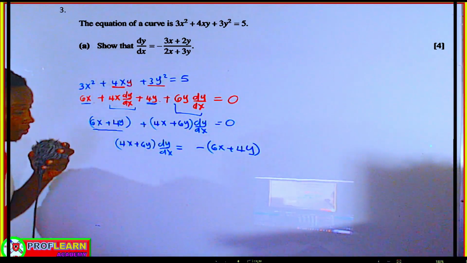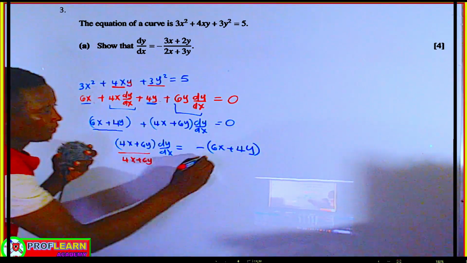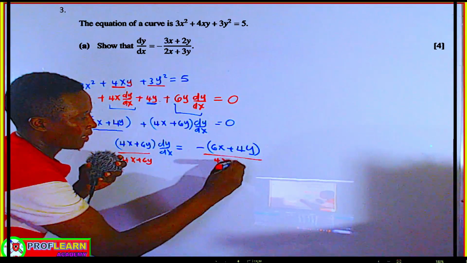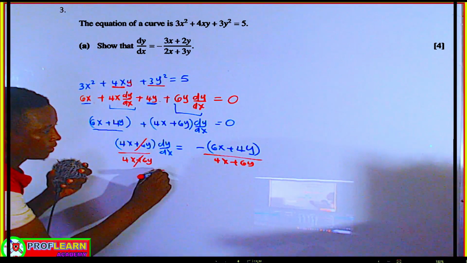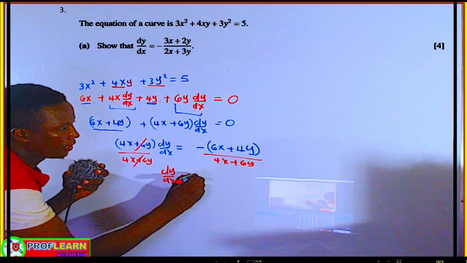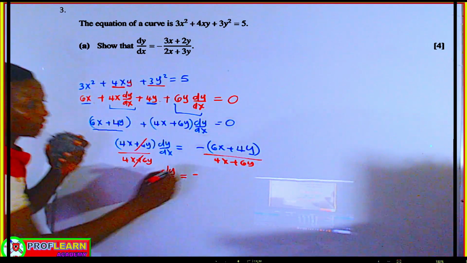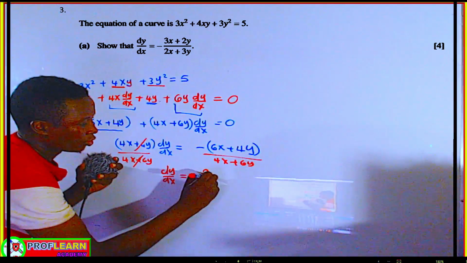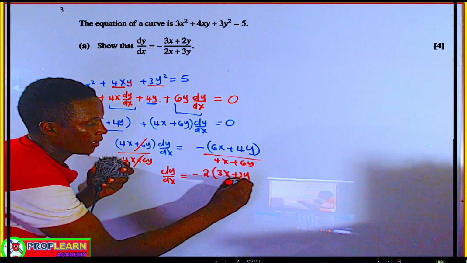And then the next thing we can do is to divide by 4x plus 6y, so that this and this cancel, and we end up having dy/dx equal to negative what? We need to factor out what is common here, which is 2, and then we shall remain with 3x plus 2y.